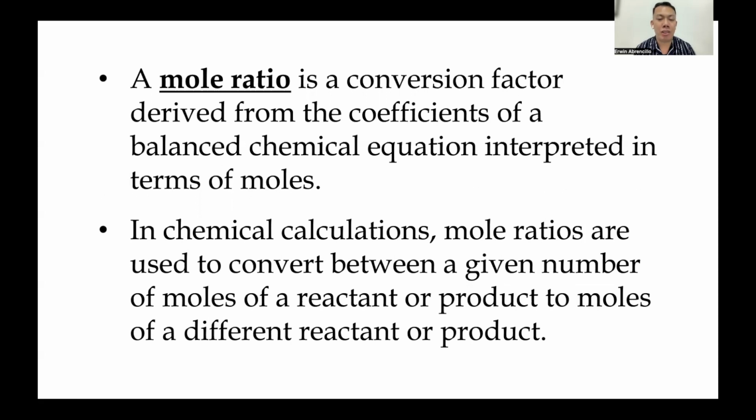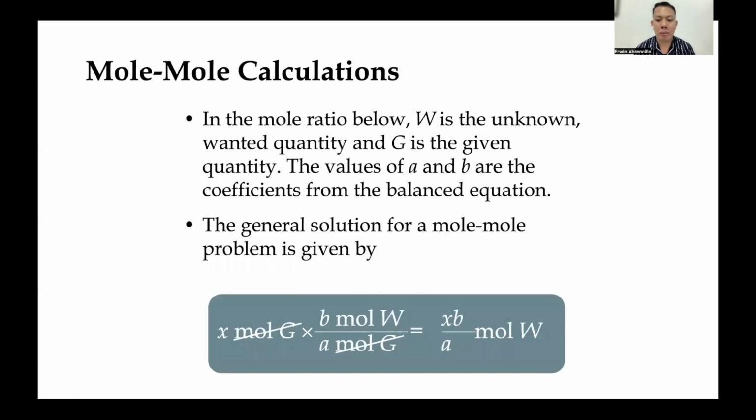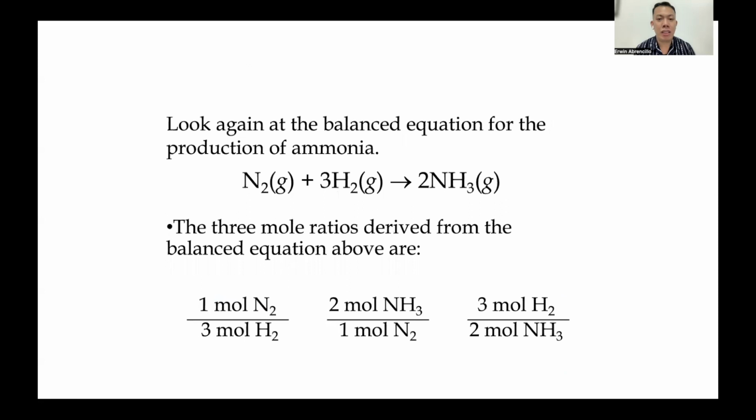So simply, it is an analysis of the reactants and products of a certain chemical reaction using the chemical equation. For example, we have here the balanced equation for the production of ammonia. The reactants are nitrogen gas or N2 and hydrogen gas or H2, forming NH3 or ammonia.